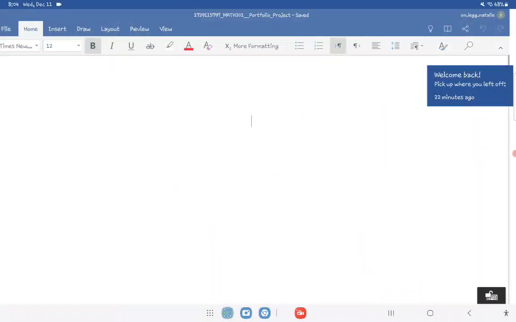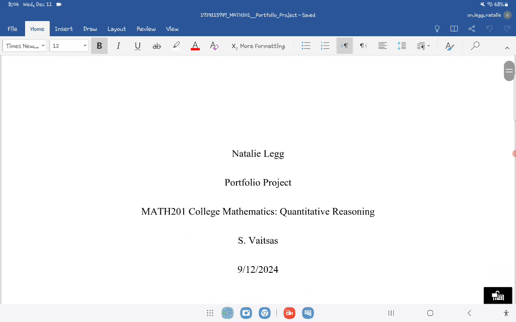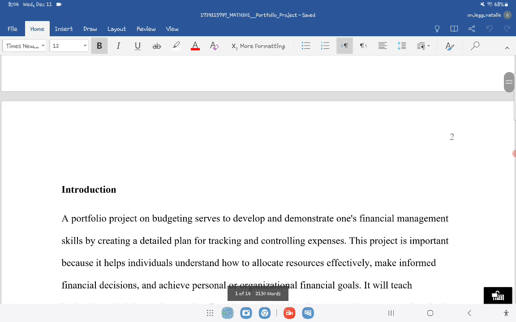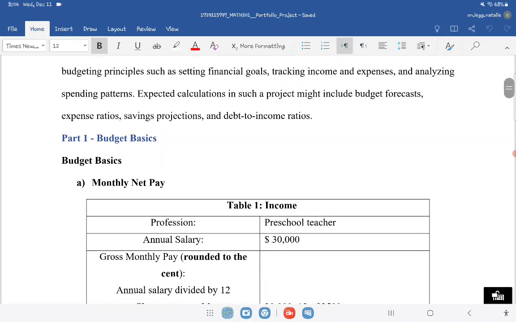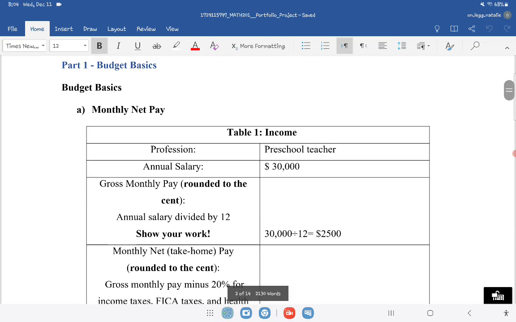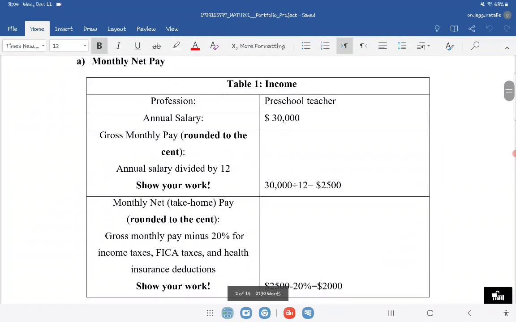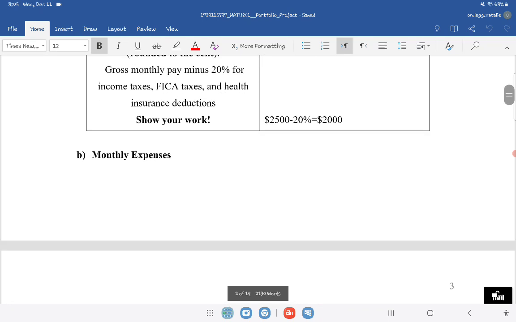Our next portfolio project is Math 201, and the institutional outcome for Math 201 was to follow established methods of inquiry and reasoning to form conclusions and make decisions. So we did a budgetary format. We picked a desired career, how much we would bring home monthly, both gross and net.